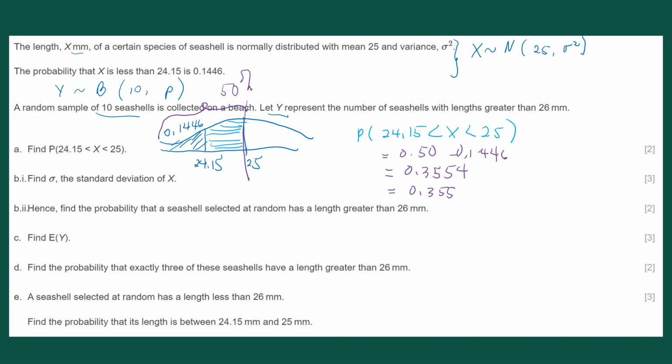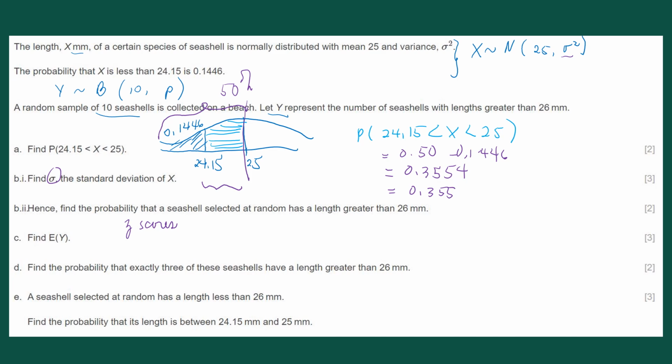Now the question is, can we use normal CDF from this point to this point when we do not know what the standard deviation is? The answer is yes, we can, but here we are going to use Z-scores instead.